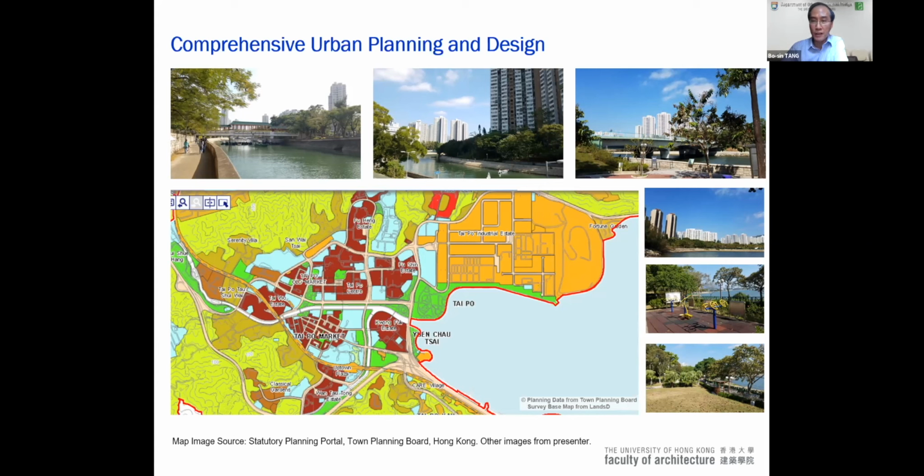And in the new town like Tai Po, we also blend the new development with the villages and also provide an industrial park to provide employment in the area. This is the green area showing the industrial park.